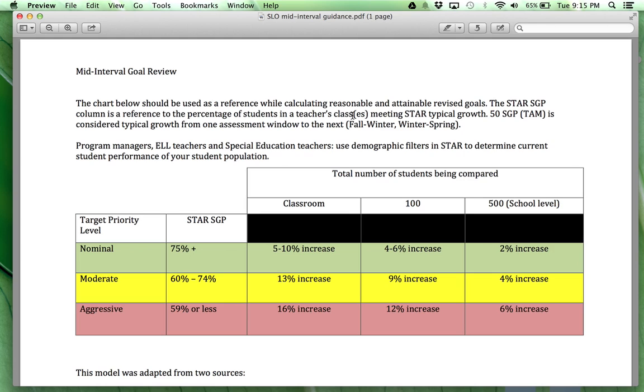One is, as you take a look at the sheet, you see that there are 5 columns. One is the target priority level. The other column is the STAR student growth percentile. And then you have a black band, and above that, a series of columns that reads classroom, 100, and 500, and then parens school level. We'll talk about what each one of those means in a second.